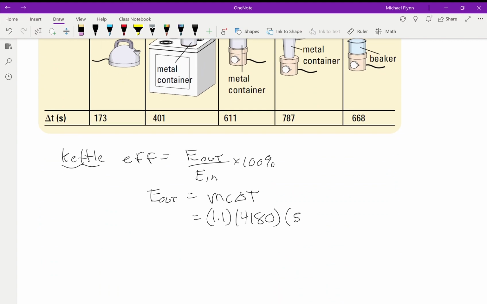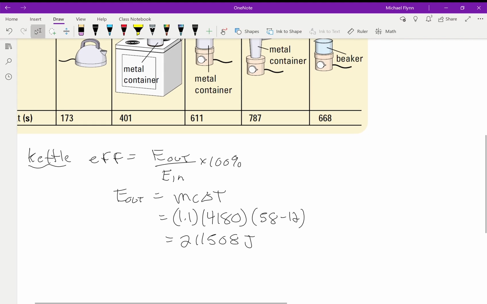By the way, this step is going to be the same for all 5 heaters. 1.1 times 4180 times 46 is 211508 joules. So that's the energy out.